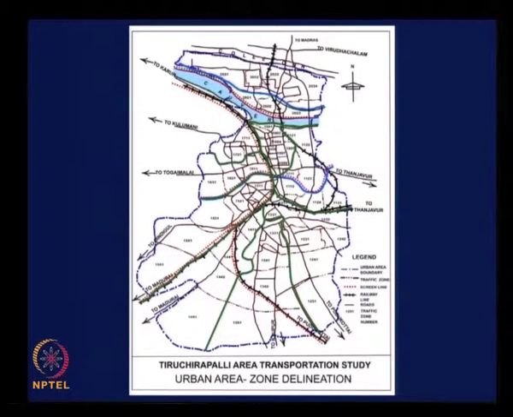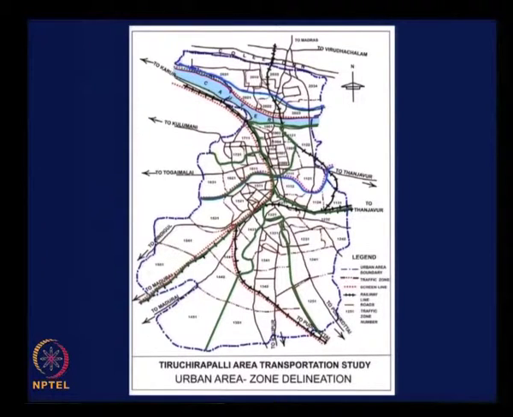And as you go further away from CBD, you can see that the zone size gradually increases, and you can see the size of the zone here at the peripheral area compared to the size here. It is based on the guidelines which we discussed earlier.